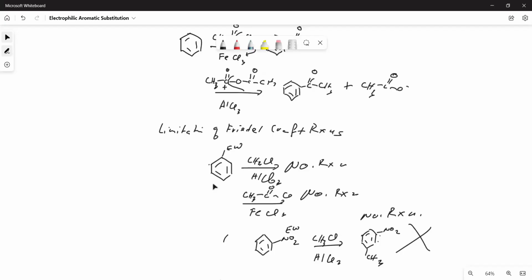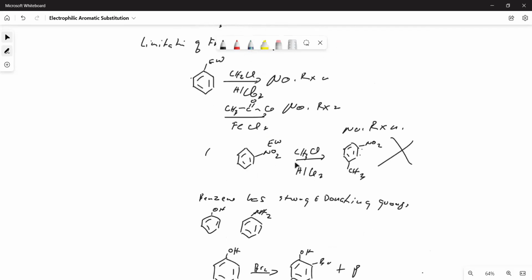So that's why if there are electron withdrawing groups attached to the benzene ring and you subject this to Friedel-Crafts alkylation or Friedel-Crafts acylation, there will be no reaction, as long as there is an electron withdrawing group here.